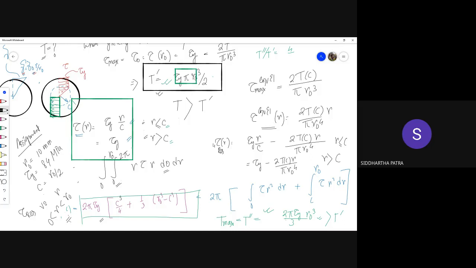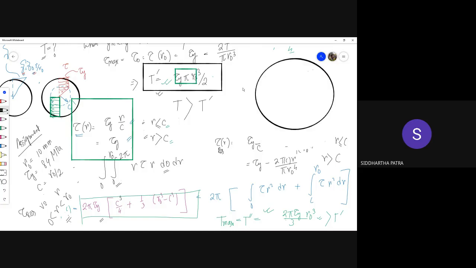So the idea is that with the elastic core, this one was the stress distribution.